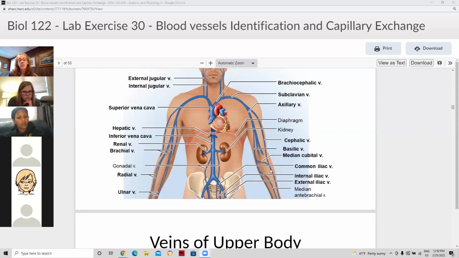So they merge together, forming the median cubital.